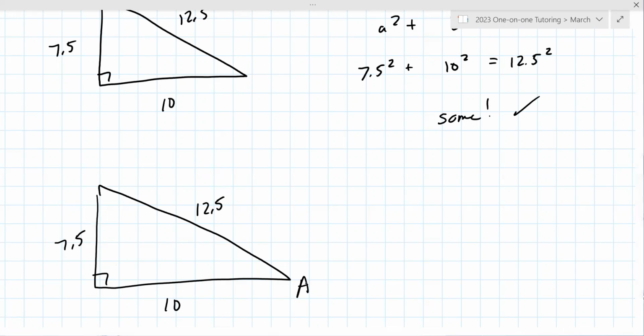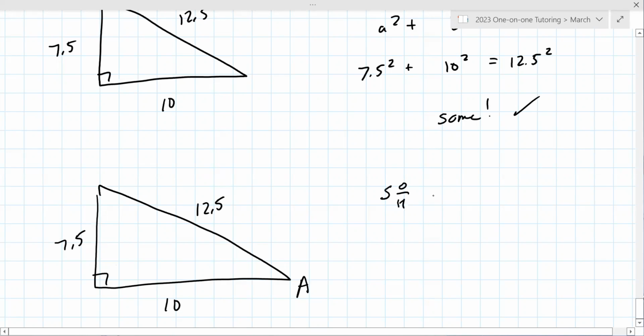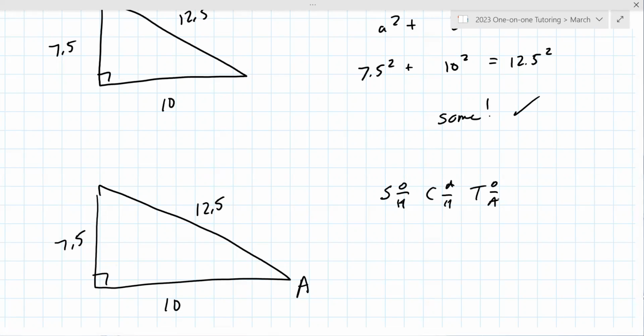Angle A. So are we going to use sine, cosine, or tangent? I'm thinking tan, because I'm using the adjacent and the opposite, right?